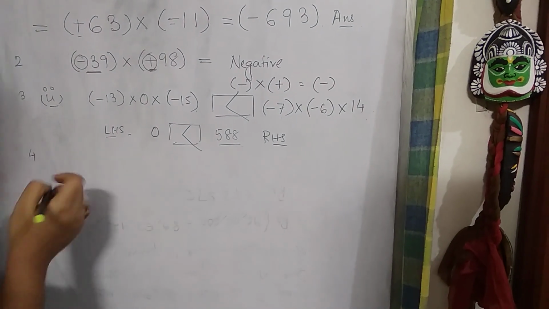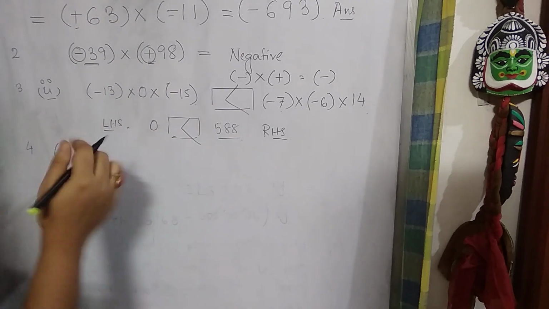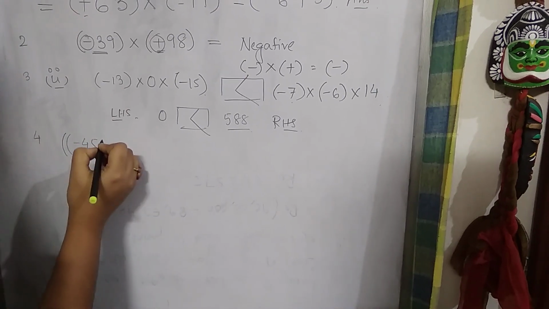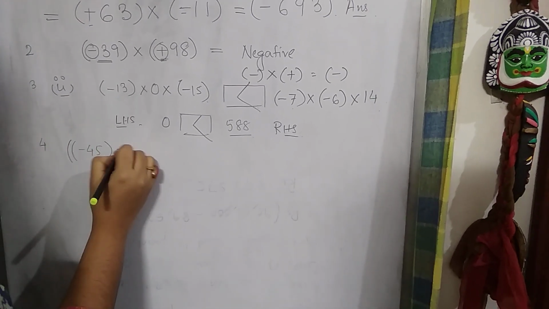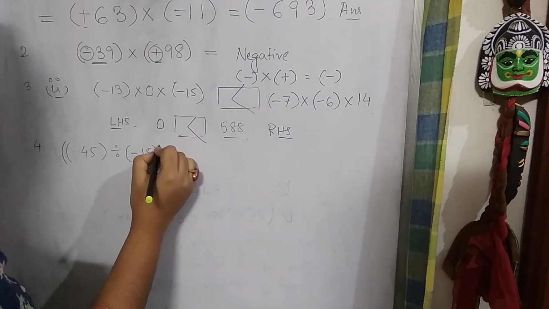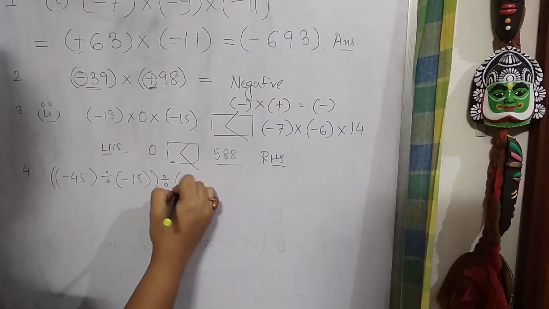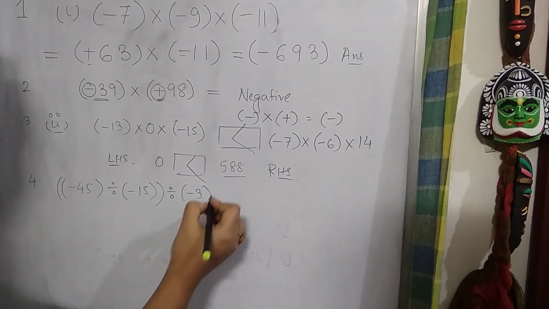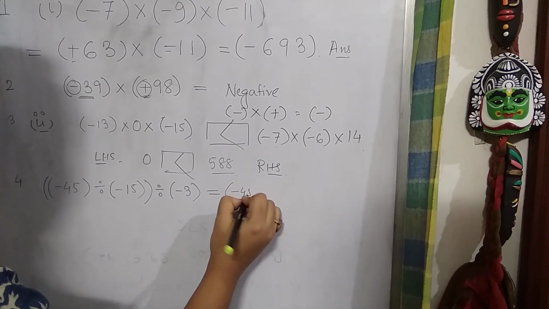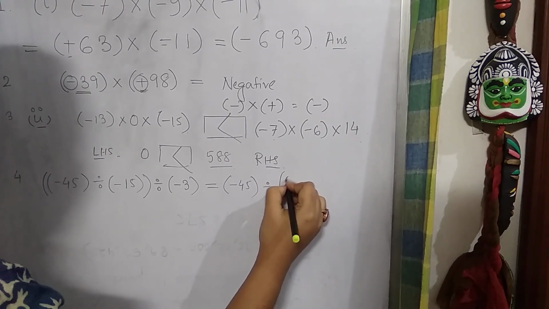It is said that a total equation of minus 45 within the first bracket divided by minus 15 within the double bracket divided further by minus 3 equal to the minus 45 outside divided by what?